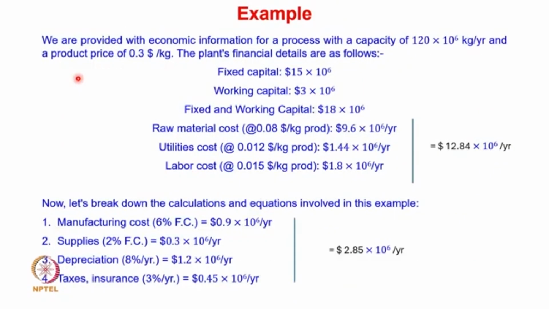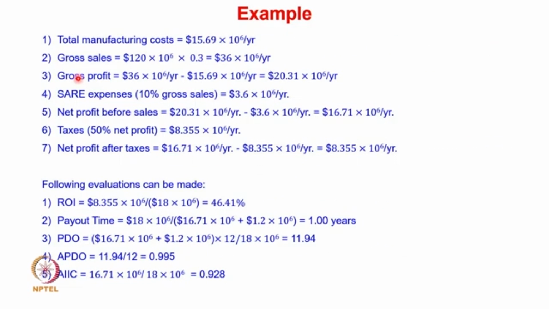So net annual earning we have obtained as this 8.355 into 10 raised to power 6 divided by fixed and working capital. So that is 18 into 10 raised to power 6. So we are going to get 46.41. That is the percentage return on investment. Okay. So into 100, it should be into 100 here. So we will get 46.41%.